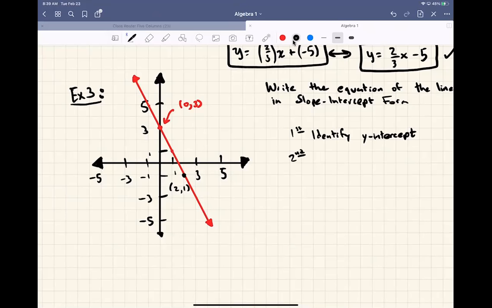Second, find the slope. And third, write the equation using slope-intercept form.